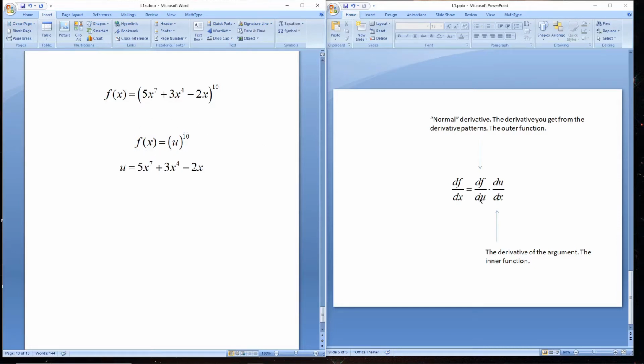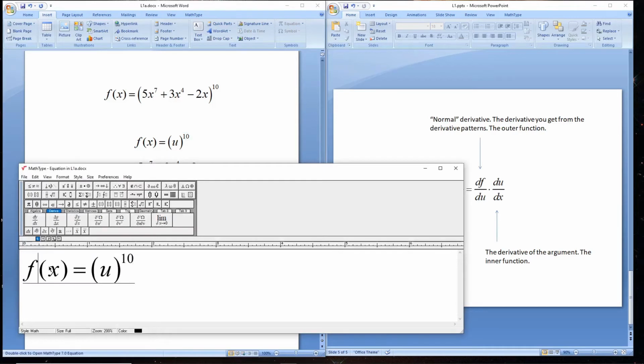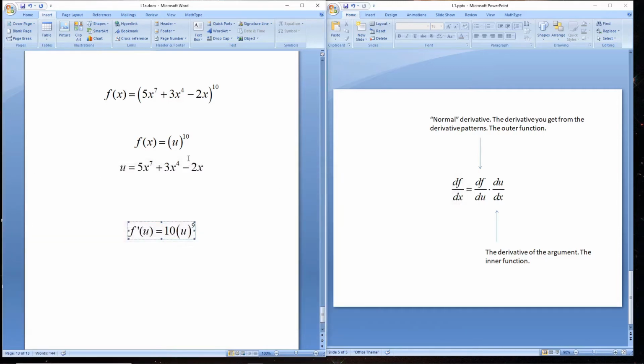And that's what df du is. df du is always the straight up derivative pattern on that sheet. And you know the derivative of u to the 10th. It's 10u to the 9th. That's just a straight up derivative right from the derivative patterns.